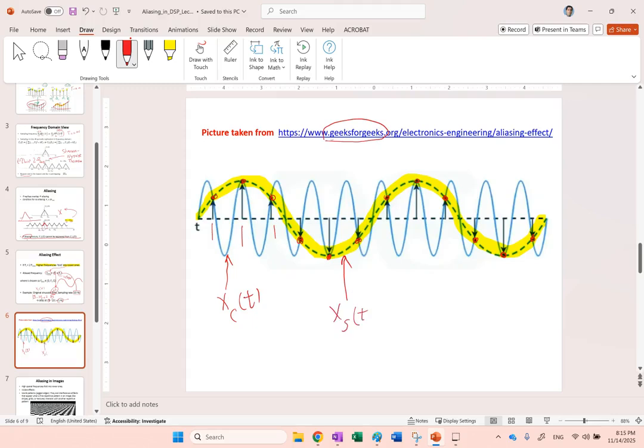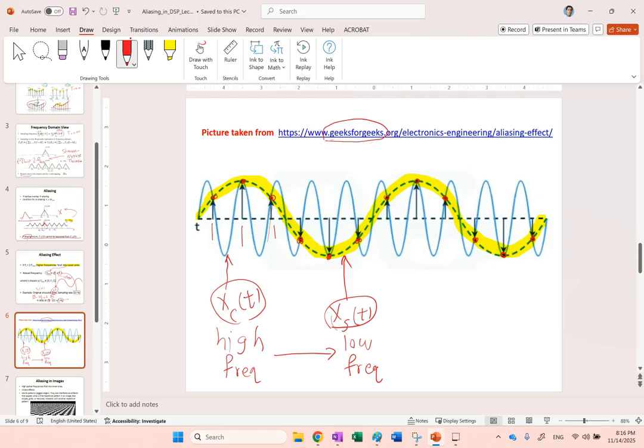What do you see? You see that this x_c has way higher frequency than the sampled version, or the one that you think you can pass through it. So high frequencies appear as low frequencies. And that is exactly the aliasing.